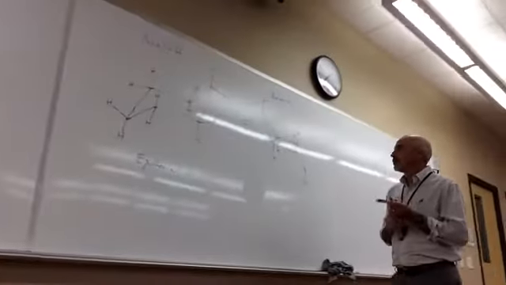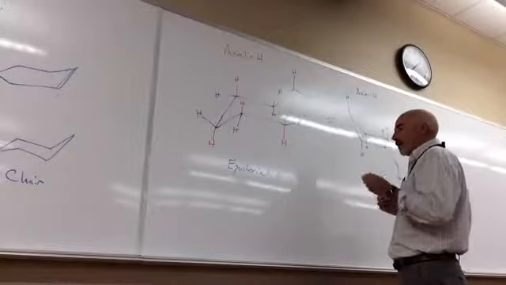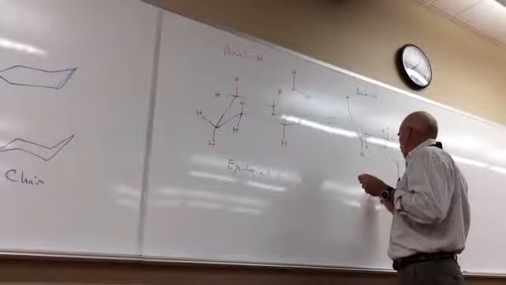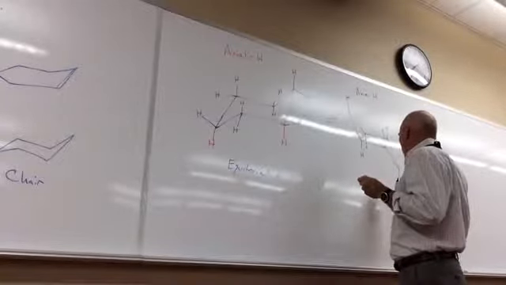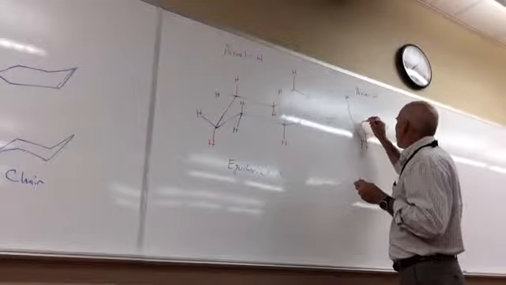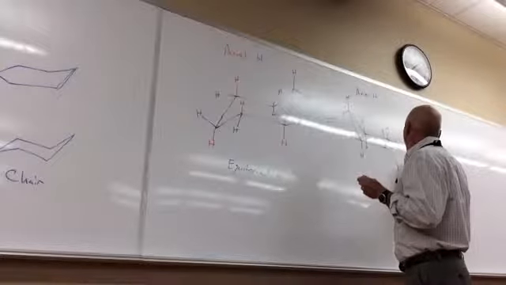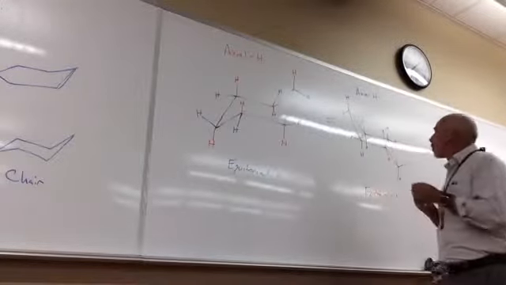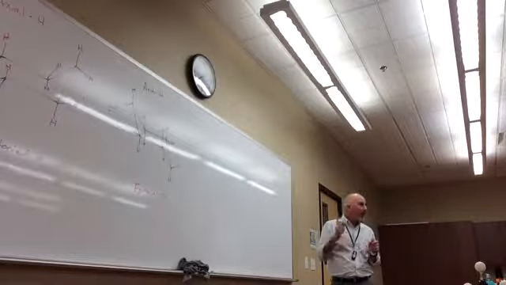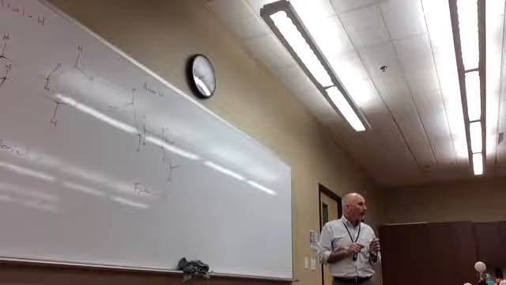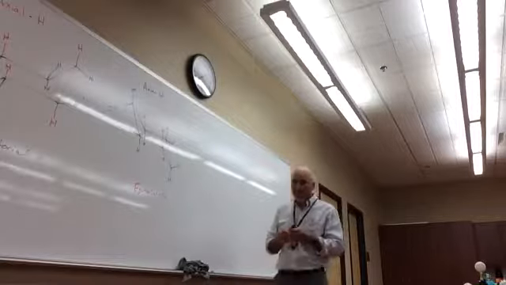Okay? And all my equatorial ones are now red. So all of the equatorial hydrogens become axial, and all of the axial hydrogens become equatorial when it does what we're going to call a ring flip.